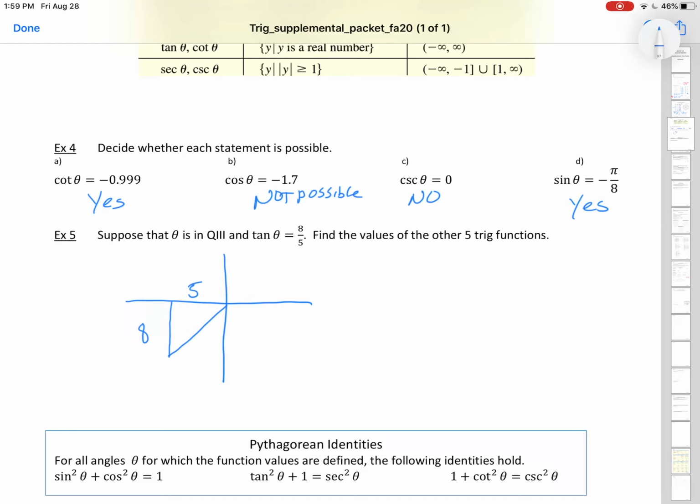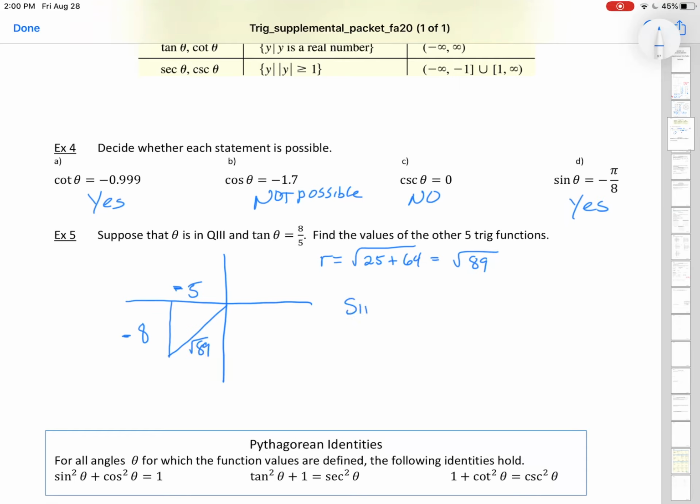So that's why I'm putting the 8 and the 5 where they are. Now, the wise student will put the signs in there. Notice we're 5 to the left and 8 to the left. The fact that we're getting a positive tangent is because of a negative divided by a negative. So we have to take some time to figure out what r is. R is equal to the square root of 25 plus 64, which is the square root of 89. Well, that's not a perfect square. I don't even think it can be broken down at all, so that's what we're left with. You cannot expect your r's to always be pretty.